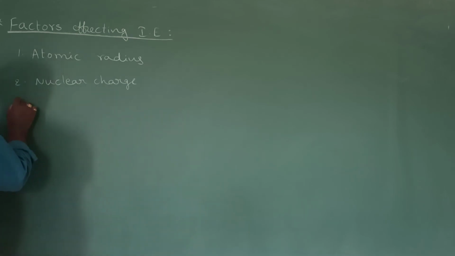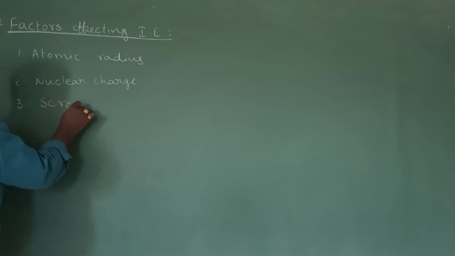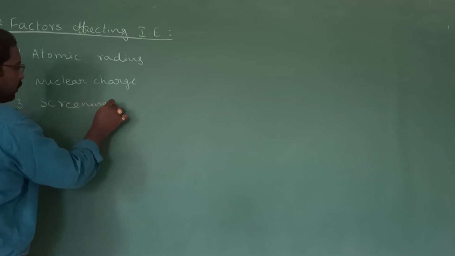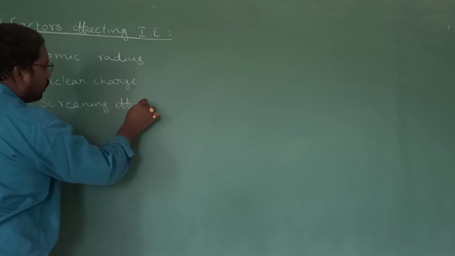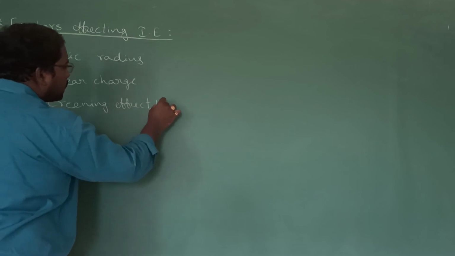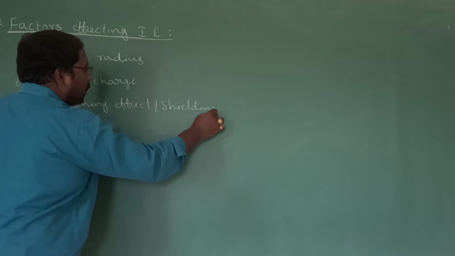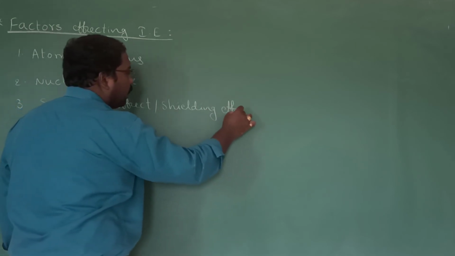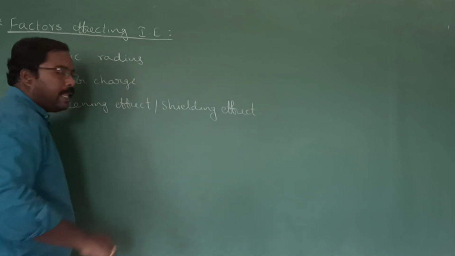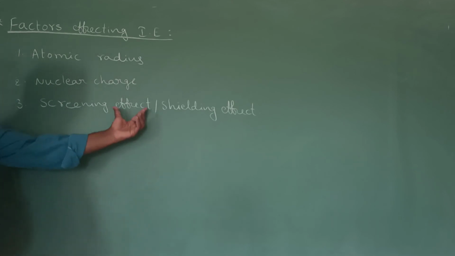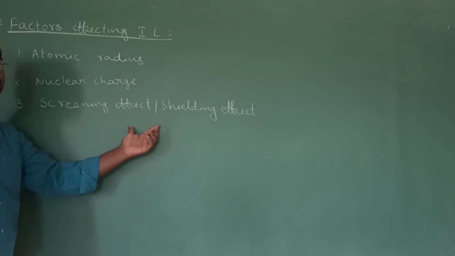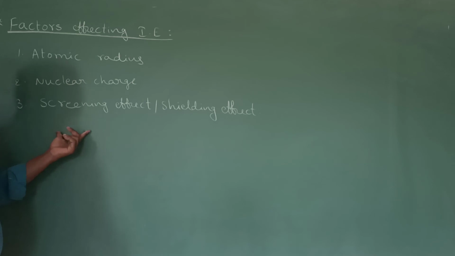Along with these, there are some others also, like screening effect, or it is also known as shielding effect. Getting the lanthanide contraction, as I already told you, this is the reason for that. So first let us discuss what is meant by this.